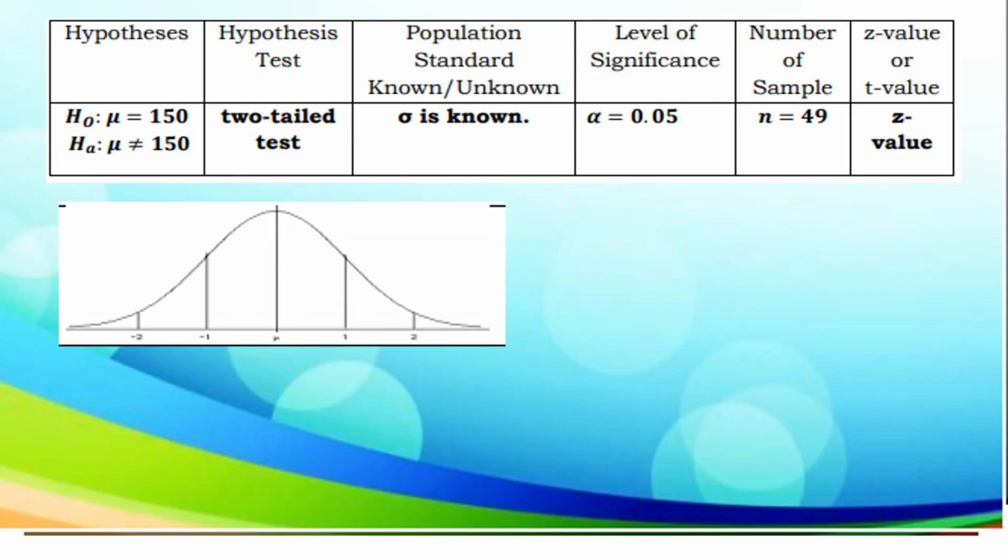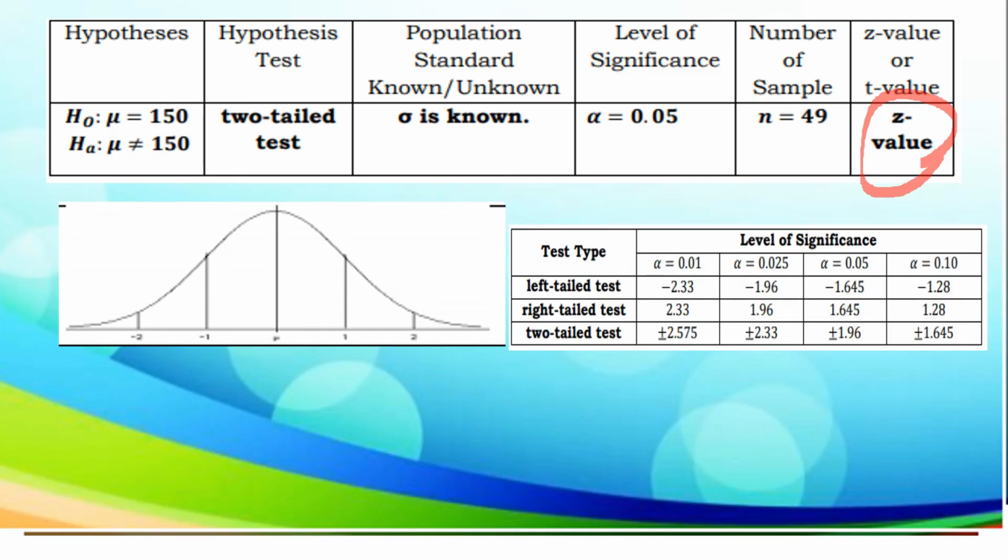Now, let us utilize this table for us to illustrate the rejection region of the given problem a while ago, using our standard normal curve. Since the test statistic we're going to use is the z-value, we're going to use the critical value for the z-score. Given this hypothesis test, which is two-tailed, we're going to use this to determine the level of significance and its critical value, which is positive negative 1.96.